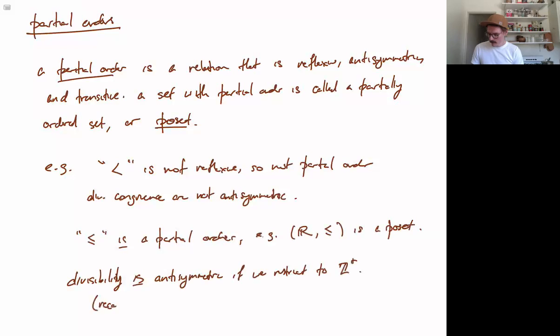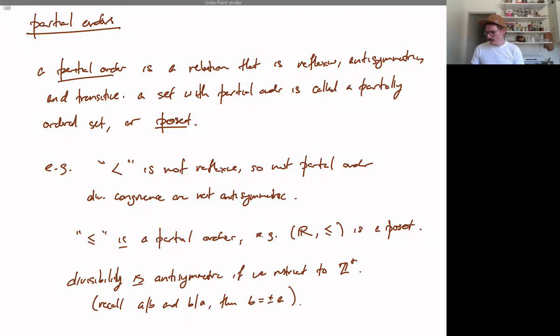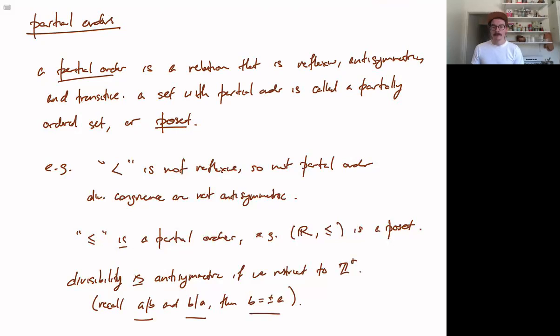Because remember, if A divides B and B divides A, then B must be plus or minus A. So restricting to positive integers eliminates the other possibility, and we get that it is in fact anti-symmetric. Because remember, anti-symmetry means that if A is related to B and B is related to A, then they must be equal. So positive integers with divisibility is also a poset.